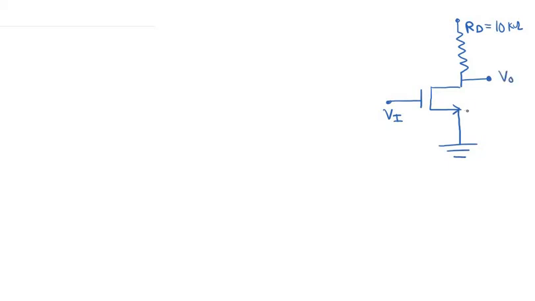So this is our circuit, and the information that is given to us is VTN equal to 0.8 volts. The threshold voltage is equal to 0.8 volts, and small kn dash, which is the process conduction parameter, is equal to 30 microampere per volt square.